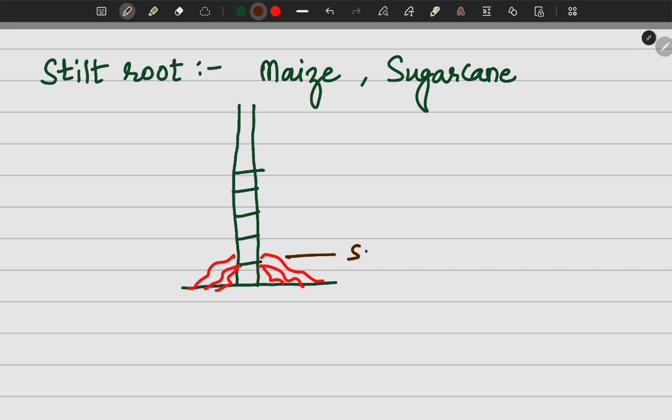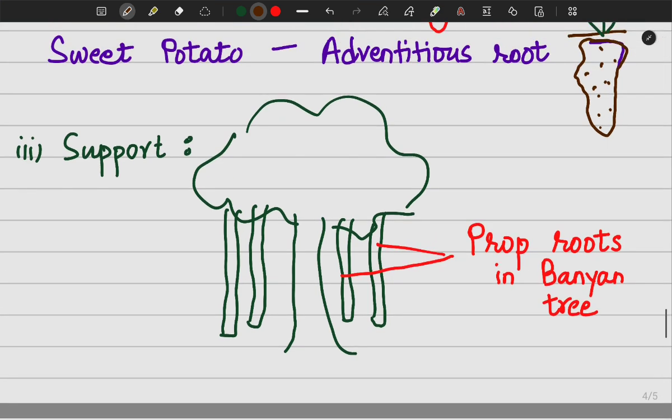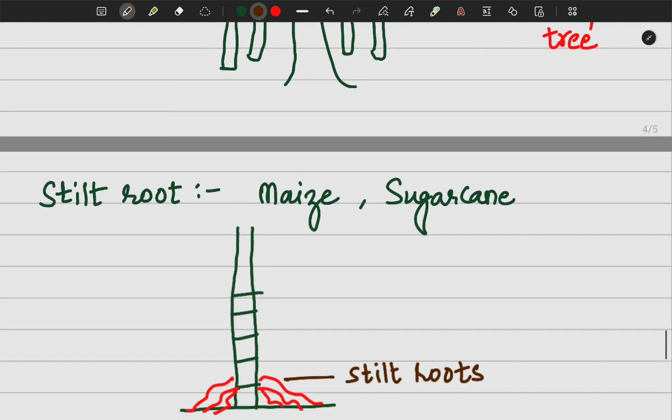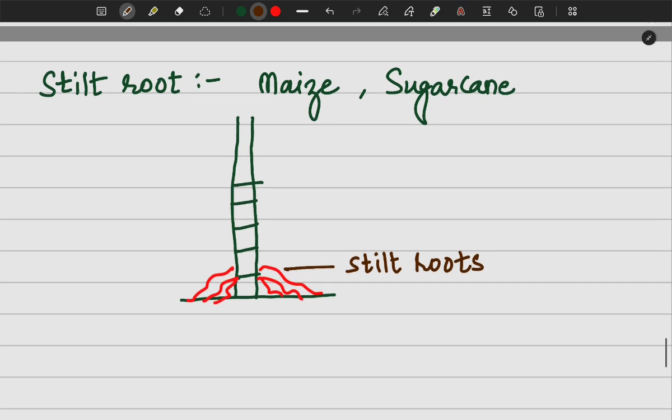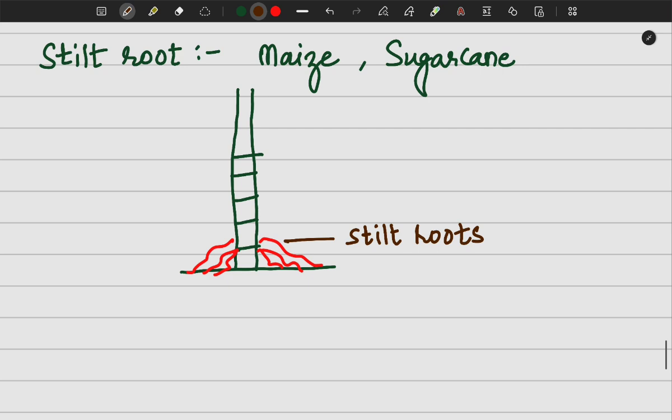So these are called stilt roots, found in maize and sugarcane. So for the support of the plant, we have studied two types of roots: prop roots in banyan tree and stilt roots in maize and sugarcane, both responsible for the support.